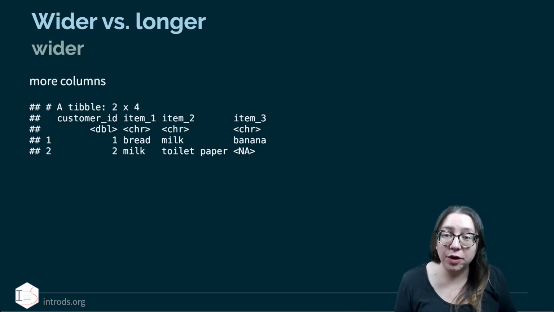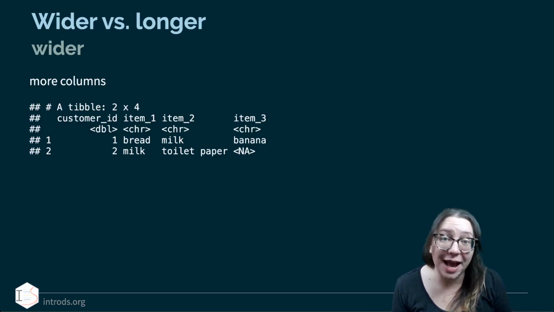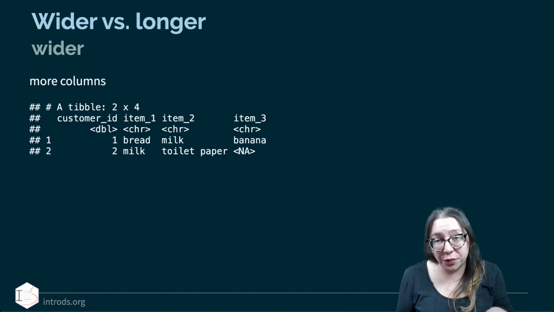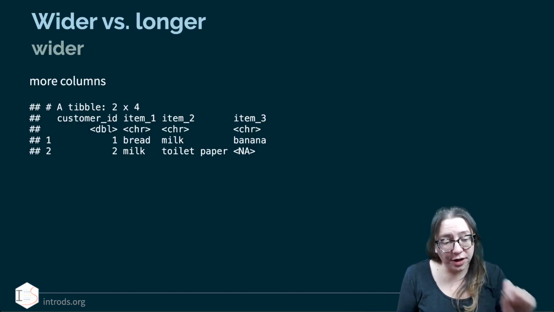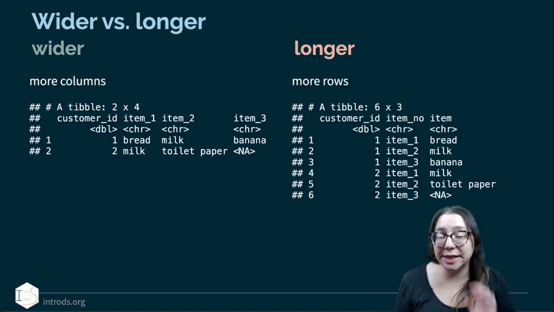So if you are the person who is, let's say, collecting data outside of a grocery store, you might again have a clipboard in your hand, a row per customer, and then you start writing the items they buy. If you're doing this across columns, you're creating a wider data frame. And what we want for this particular example is a longer data frame. So we want to go from wider to longer.